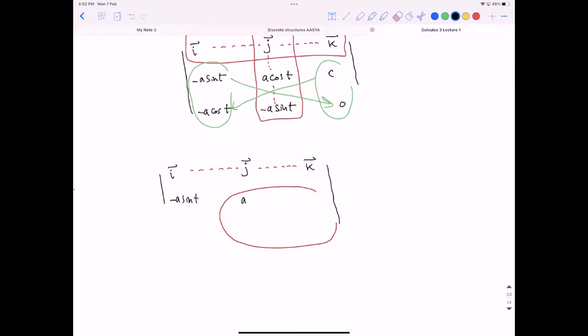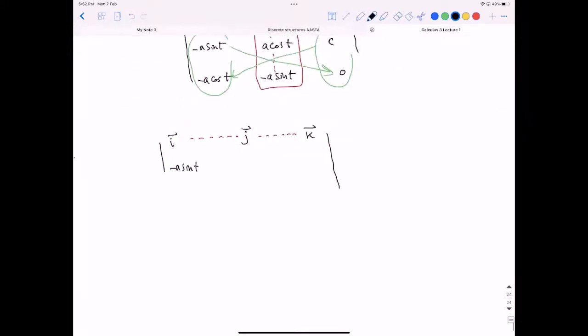So let's remove this first. A cosine, C, and here we have negative A cosine, negative A sine, and here 0.